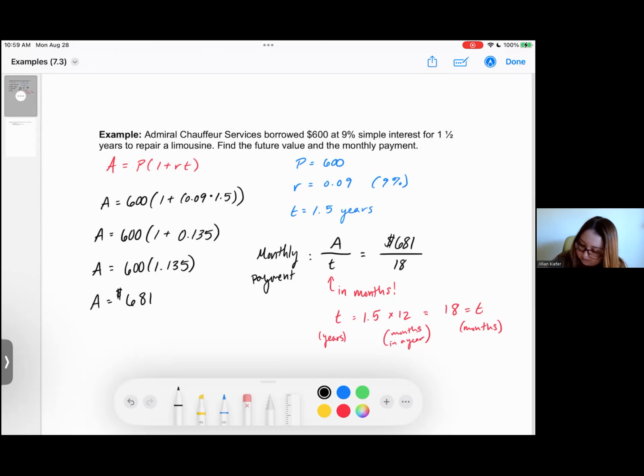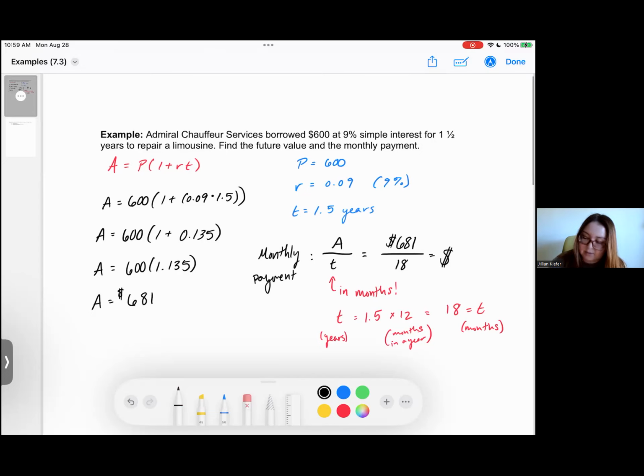So we go to our calculators, calculate this out, and round to the nearest second decimal place because it's cents, and we should get that our monthly payment should be $37.83. So there's our monthly payment and our future value. All right, let's go ahead and head on back over to the lecture.